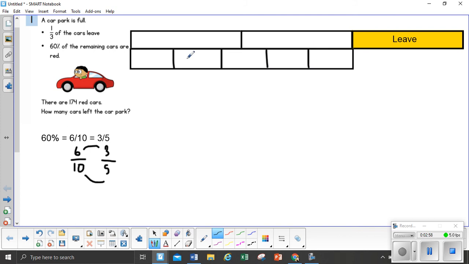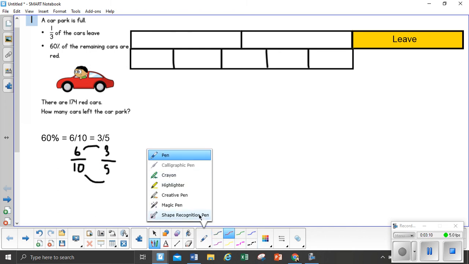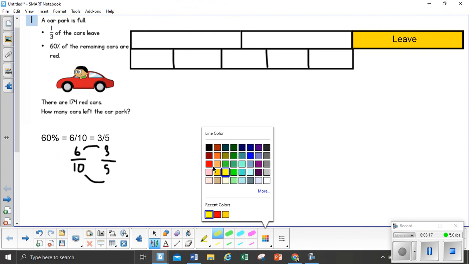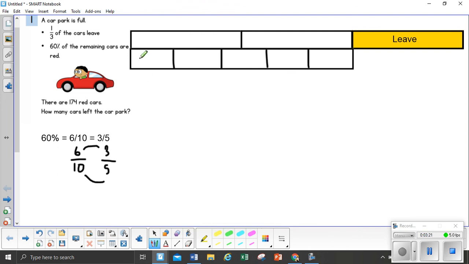Okay, so I've got 1, 2, 3, 4, 5. 3/5 were red. So let's use this, a highlighter maybe in red. 3/5 of the cars are red.